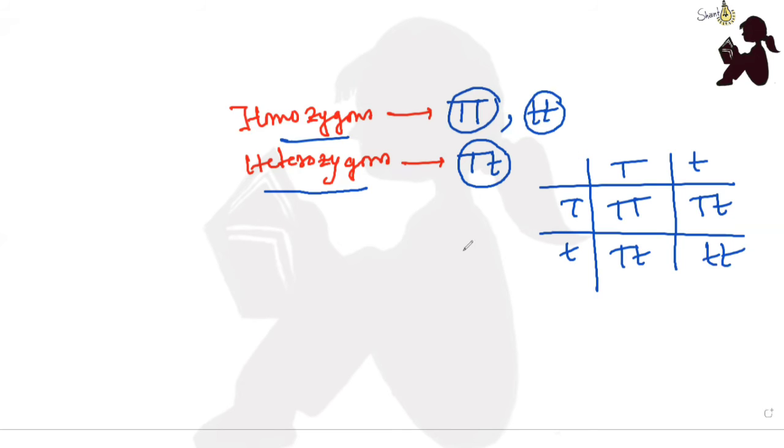Okay, so from this cross, Mendel also stated the phenotypic ratio. Okay, so phenotypic ratio is basically the physical appearance of the plant.